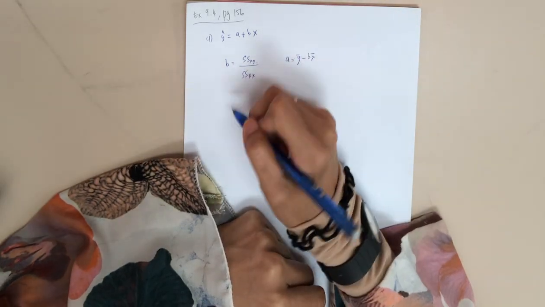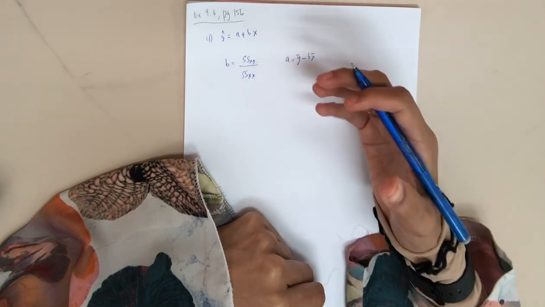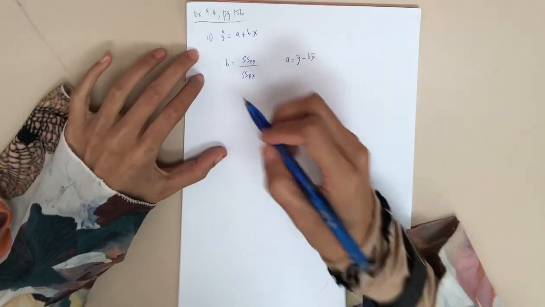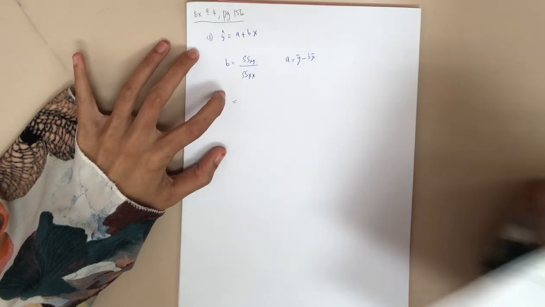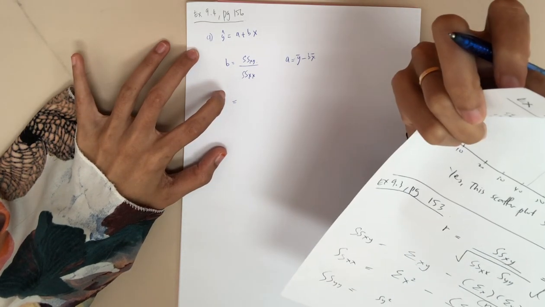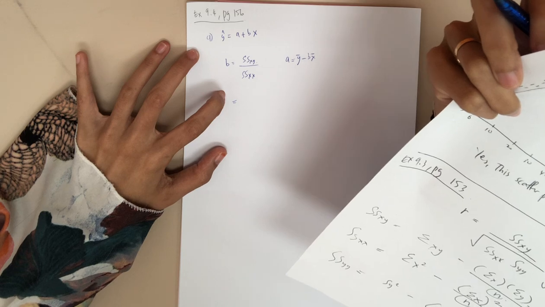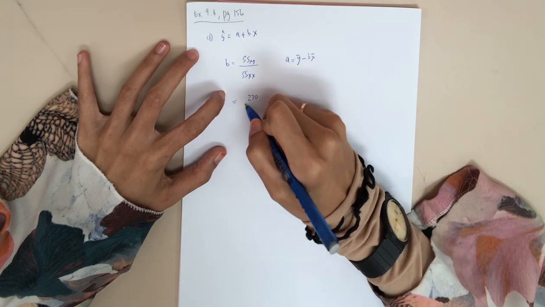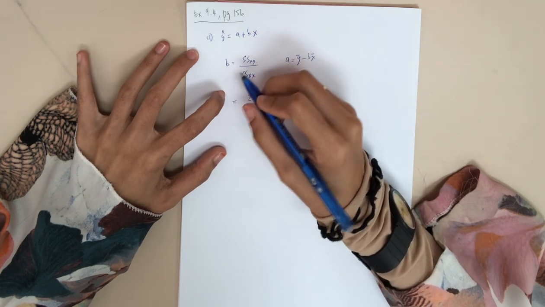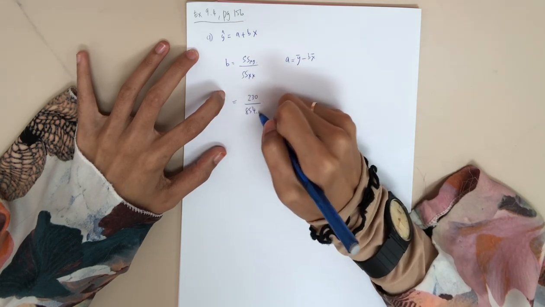Actually, because we already did example 9.3, you just take the value that we calculated before. The SSXY is equal to 230 and SSX is equal to 854.92.